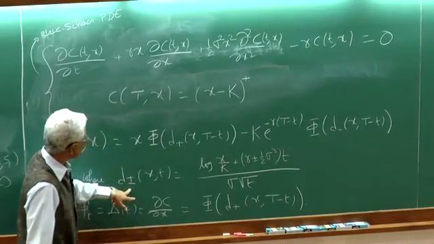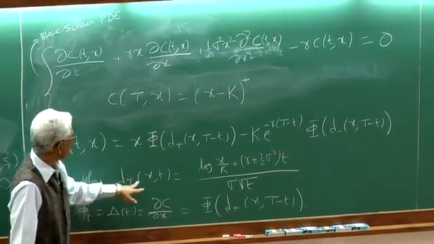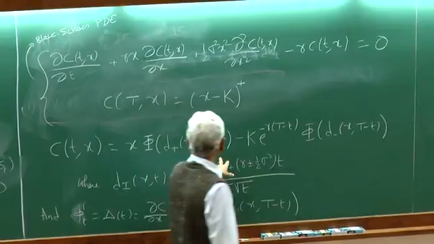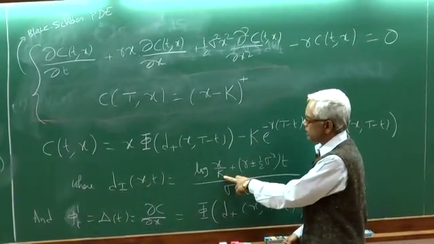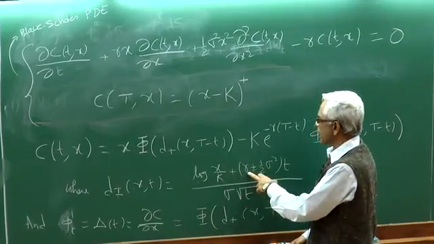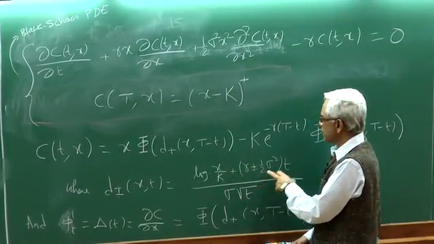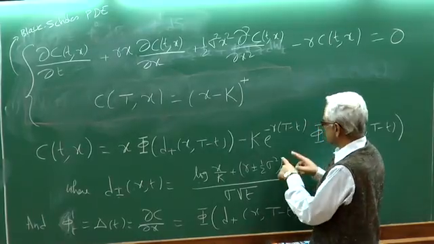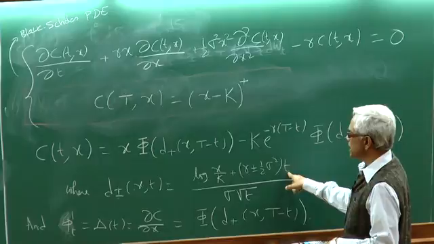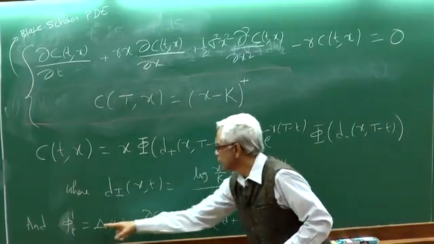D plus and d minus, x of t is log of x over k, k is the strike price, plus r is the interest rate, plus minus half sigma square, sigma is the volatility, times, so here it will be t minus t, so here it is t, and what is your hedging strategy?